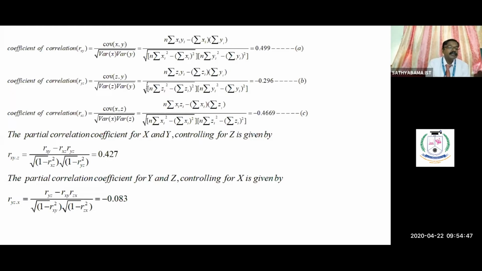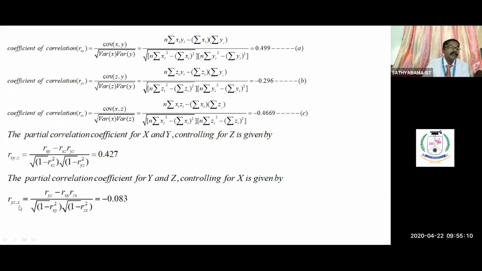The partial correlation coefficient of yz, controlling for variable x, is given by the definition Ryz minus Rxy Ryx by 1 minus the square roots. By definition we can find the partial correlation. One more thing: in the first one, we fixed z.